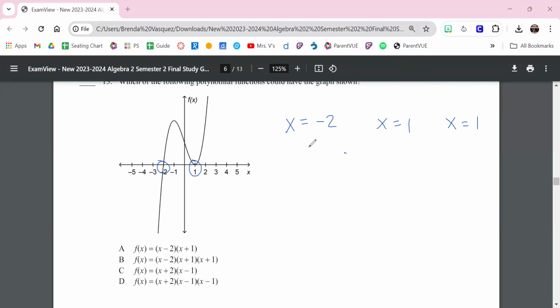So we do the inverse operation: add, subtract, subtract. We have x plus 2, x minus 1, x minus 1. This is our f of x. That's our function, that's what we label it. So we have the function x plus 2 times x minus 1 times x minus 1. Which option is this? It's D. Yay.